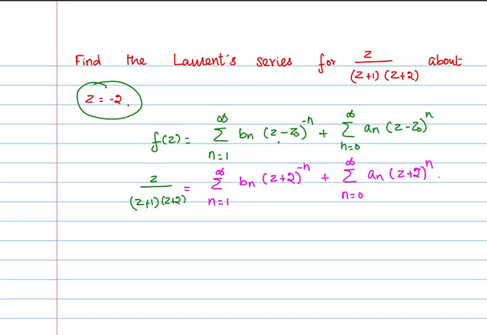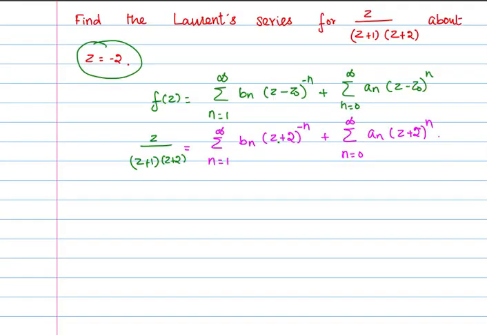First, the given function has linear denominators, and we require single linear terms only. So our function f of z is a divided by (z plus 1) plus b divided by (z plus 2).